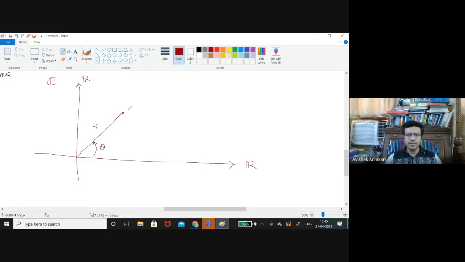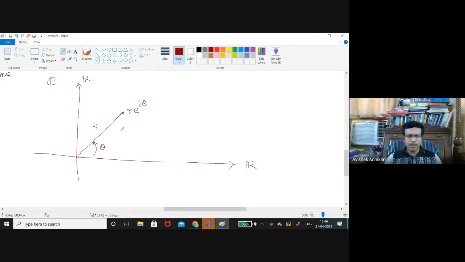R comma theta, okay, but r e to the power i theta, that you know? In complex analysis, you might have done this. Similarly, you can write it as r cos theta plus i r sin theta. So you know, right? This r e to the power i theta, you can explain in terms of cos theta and sin theta.